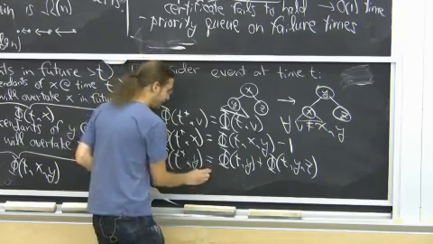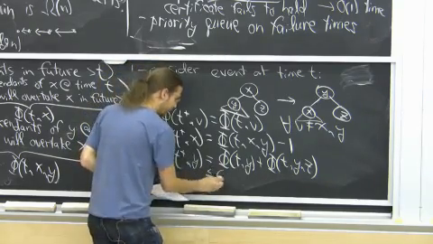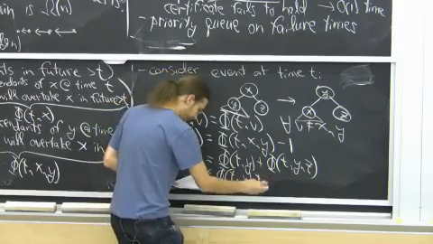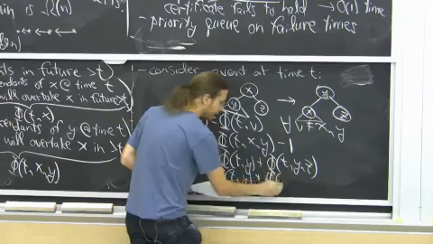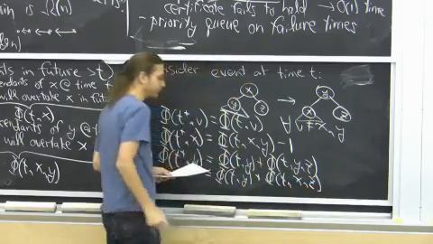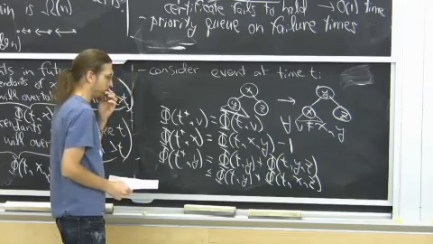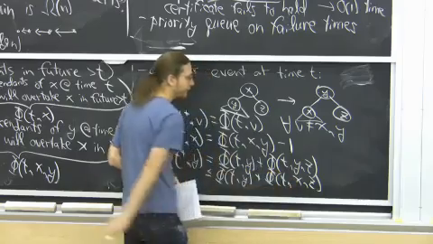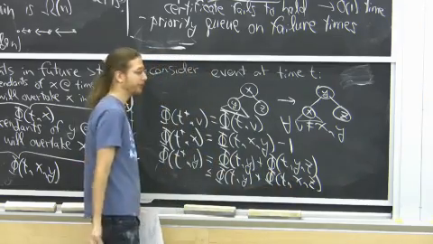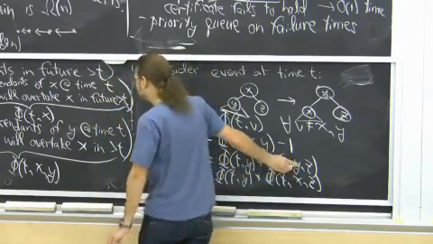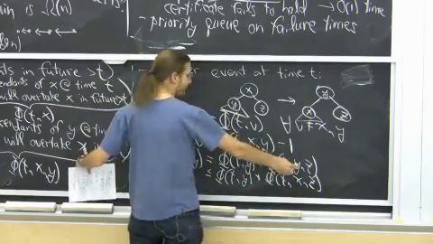So the first claim is this is at most this other thing, phi of t x z. I'm just replacing this y with an x. Why is this true? This is overtaking y.